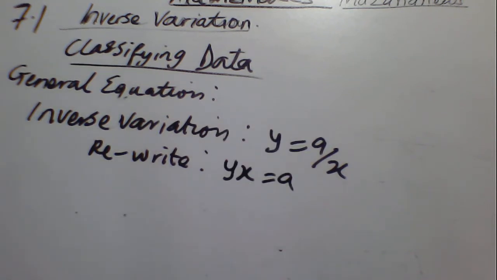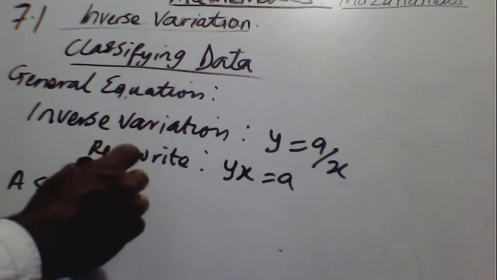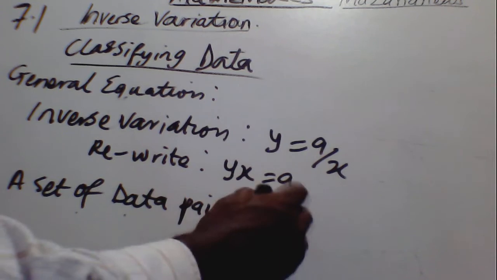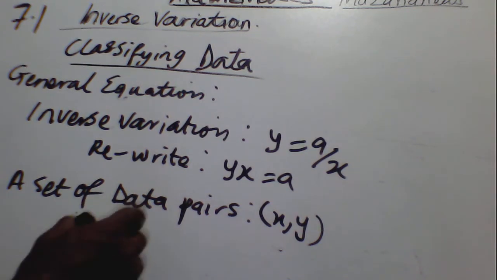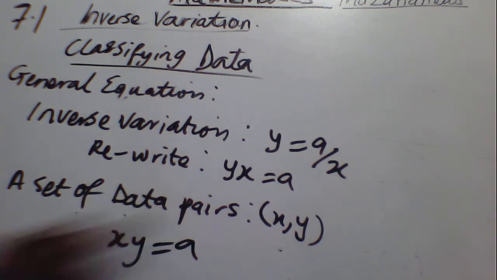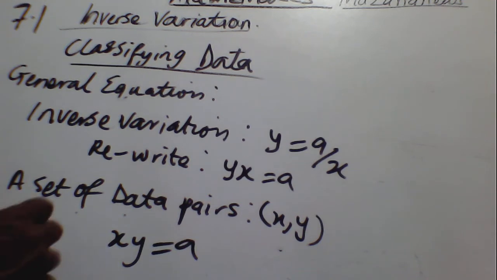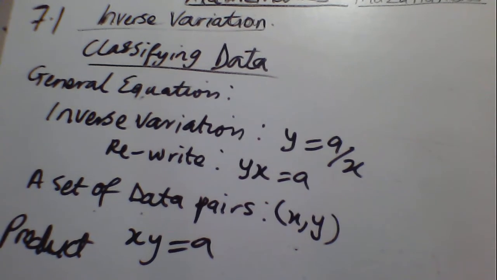So a set of data pairs xy shows inverse variation when the product xy is constant. If the product xy is equals to a constant, we say that the set of data is in inverse variation.